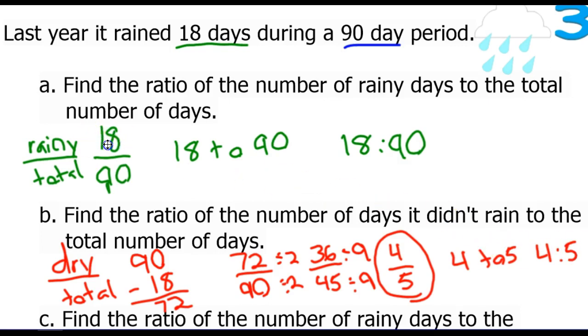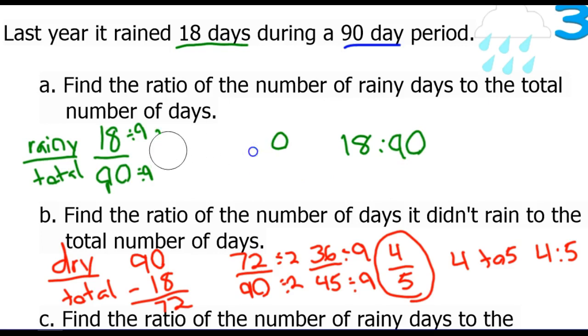Now, can we simplify these up here? Well, it looks to me like I can divide both of these by 2, or there's something else we can divide. We can divide each of these by 9. 18 divided by 9 is going to give us 2 over 10.